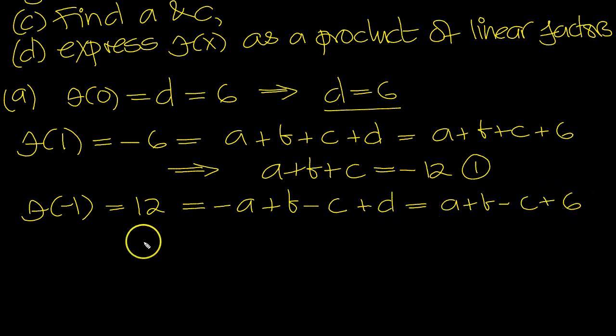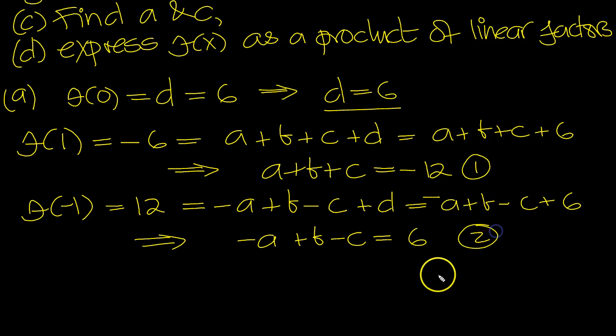So put that in. So that tells us now that minus a plus b minus c, forgot the minus there, just carried it through, is equal to, move 6 over to minus 6, 12 minus 6 is 6, there's number 2.